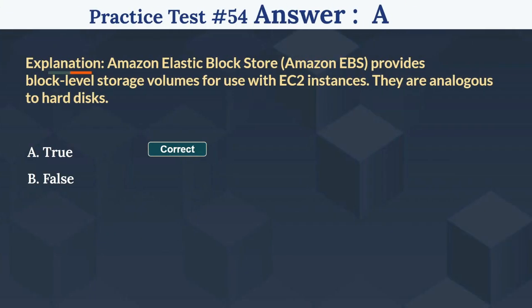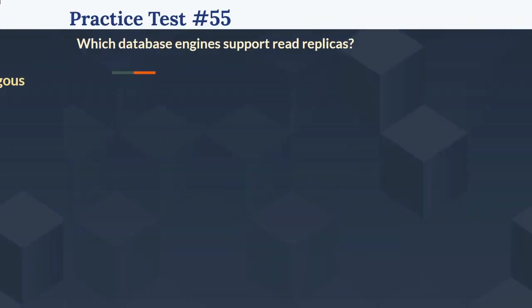So the right answer is A, true. Amazon Elastic Block Store, Amazon EBS, provides block-level storage volumes for use with EC2 instances. They are analogous to hard disks. Let's move to the next question.